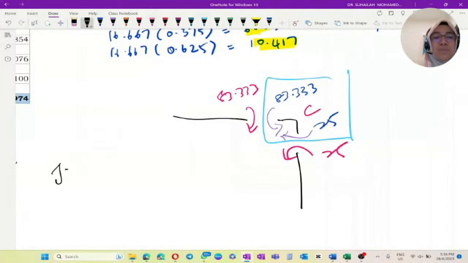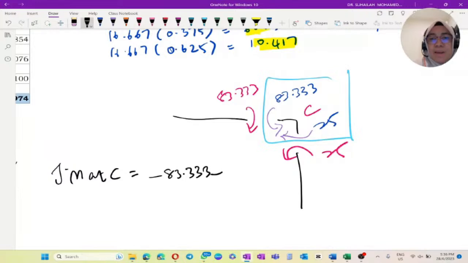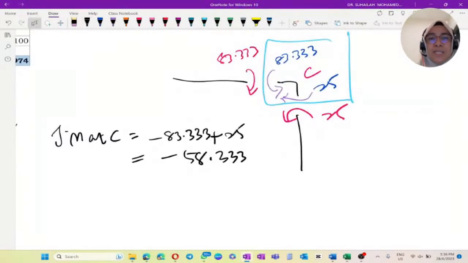The joint moment at C is equal to negative 83.333 plus 25, so we get negative 58.333.